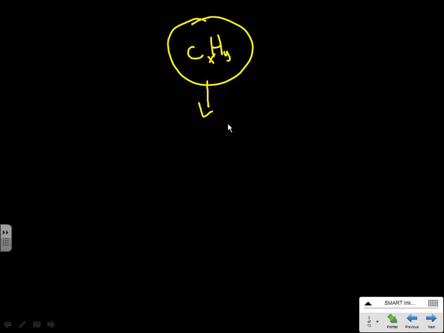We're going to burn it. Again, the classic, what do you do when you want to figure something out? Burn it. And what do you get after you burn that? Well, I'm hoping from our little discussion you realize that we're going to get carbon dioxide and water. And we're going to get so many grams of CO2 and so many grams of H2O.